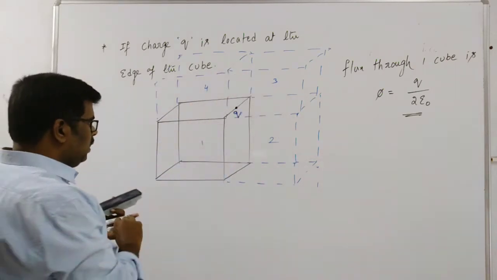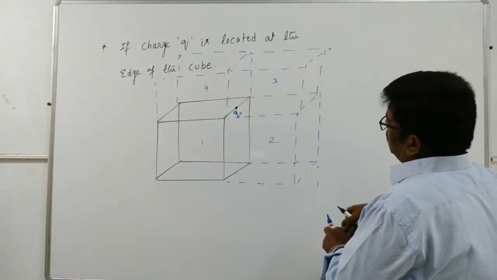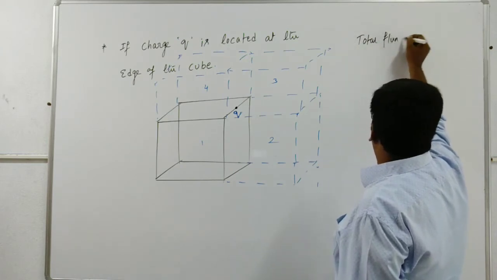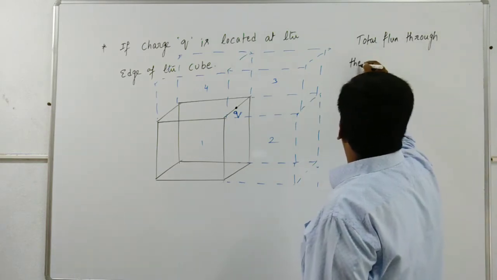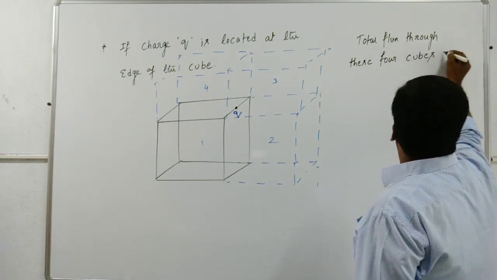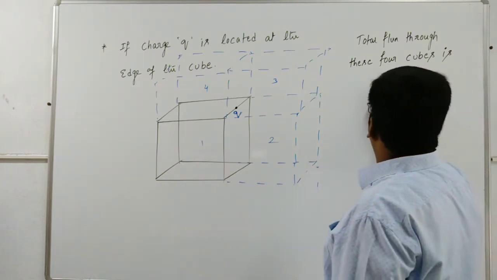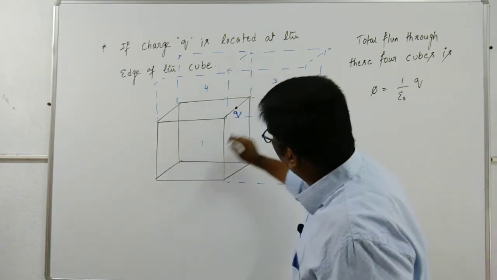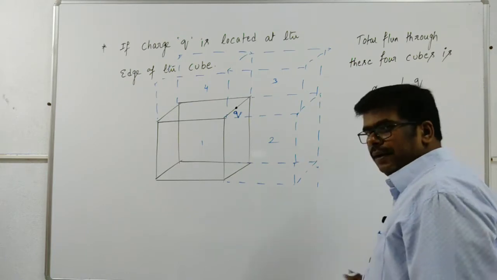So we can write that total flux through these 4 cubes is flux phi equal to 1 by epsilon naught times the charge enclosed by these 4, that is nothing but q only. So we write 1 by 4 epsilon naught times the q.